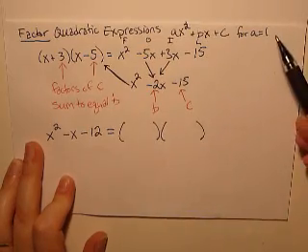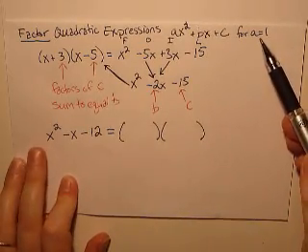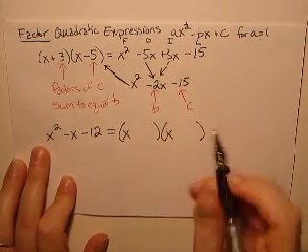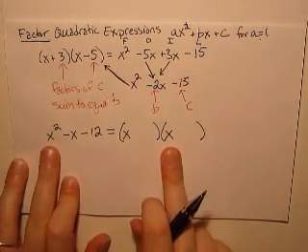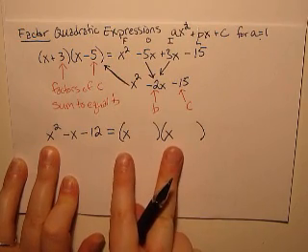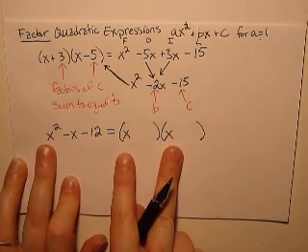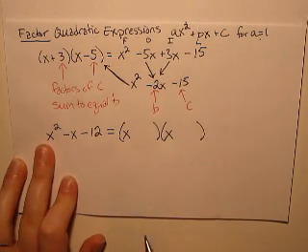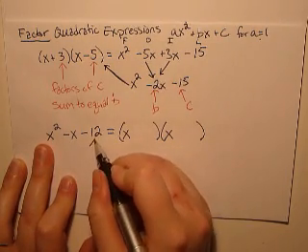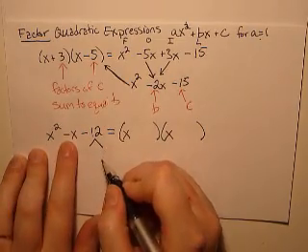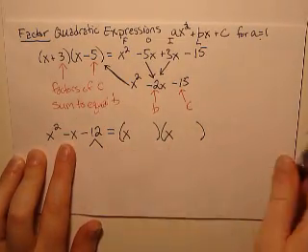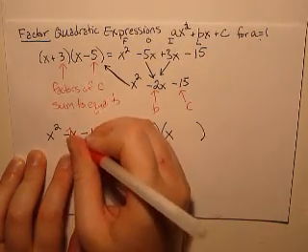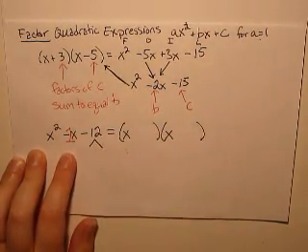Because my leading coefficient is 1, a equals 1, I know that I have x and x, because x times x gives me x squared. My first terms multiplied together give me the first term of my quadratic. Now I need to find the factors of 12 that add to -1. There is an invisible coefficient of 1.